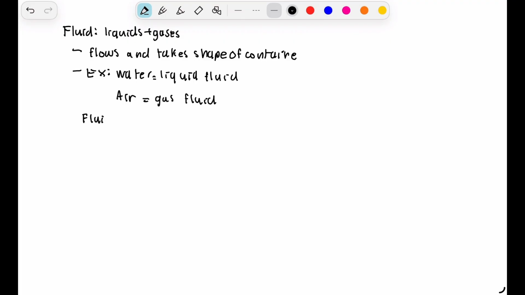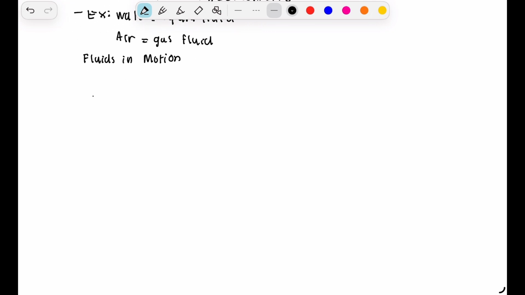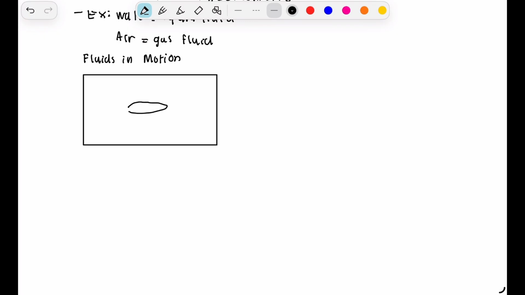We have fluids in motion. So all fluids in this treatment are gonna exhibit a streamlined flow. So, for example, we have this object.